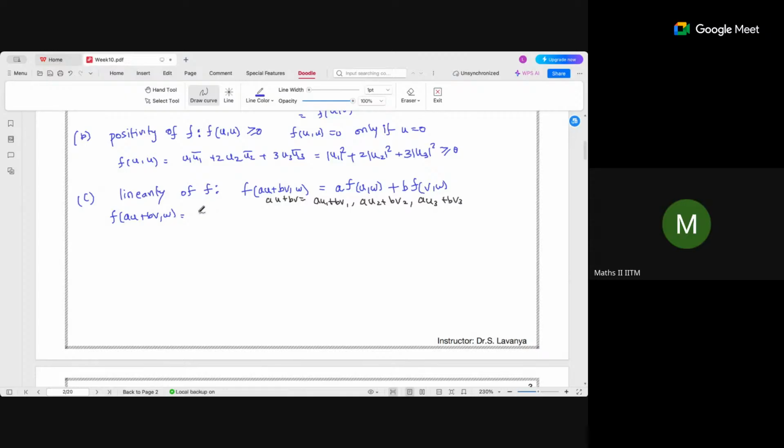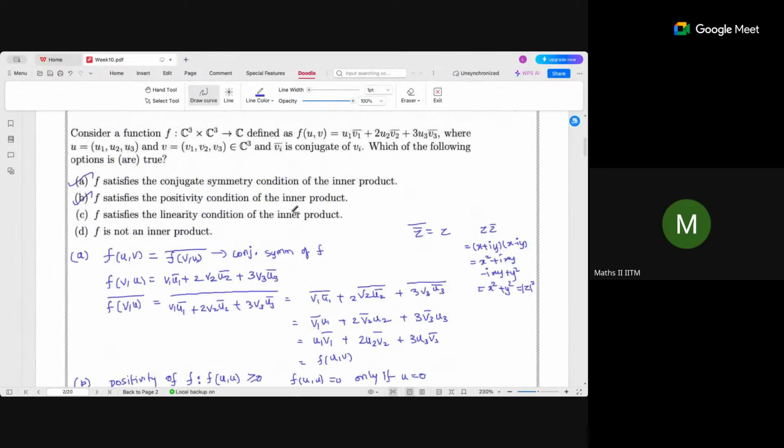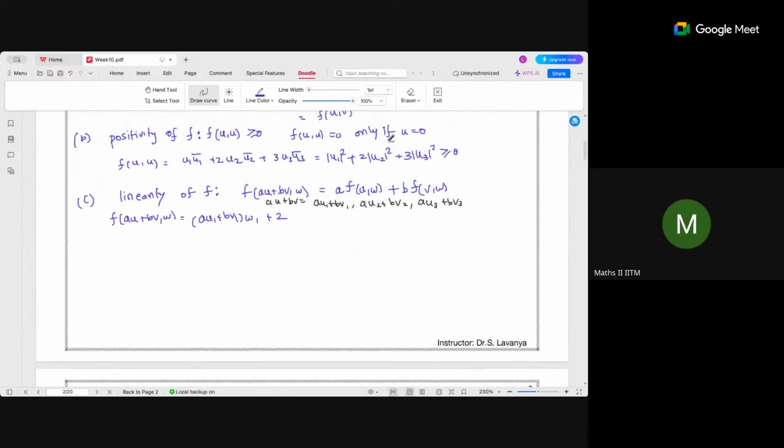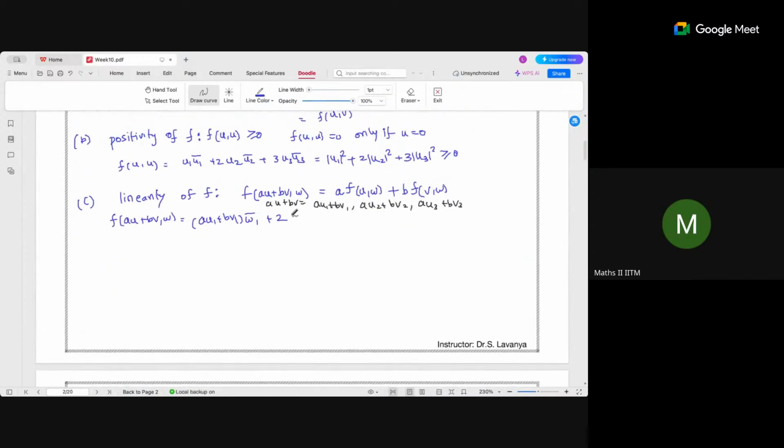If you apply the formula, you will get 1 times (AU1 plus BV1) W1 bar, plus 2 times (AU2 plus BV2) W2 bar, plus 3 times (AU3 plus BV3) W3 bar. Up to this, is it clear? The linearity part?